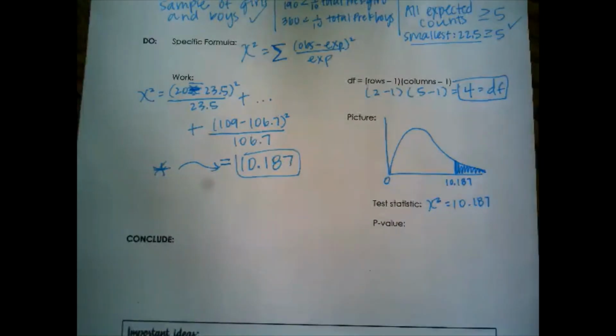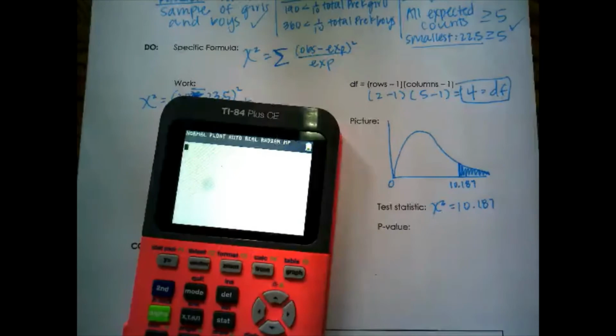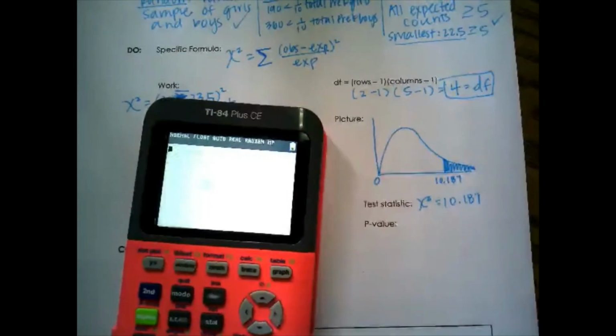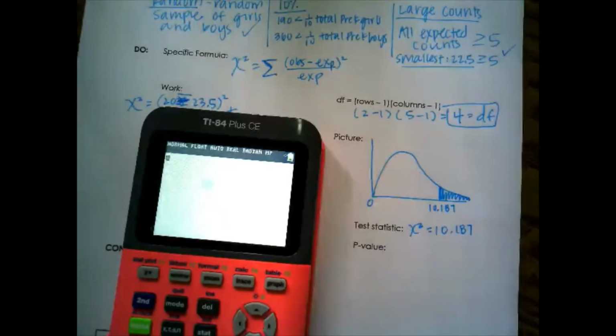All right, so hopefully you have your graphing calculator with you. Make sure it's charged. And so here, since we have a two-way frequency table, we're not just going to put our data in the list like we did for our goodness of fit. We're now going to put it in a matrix.